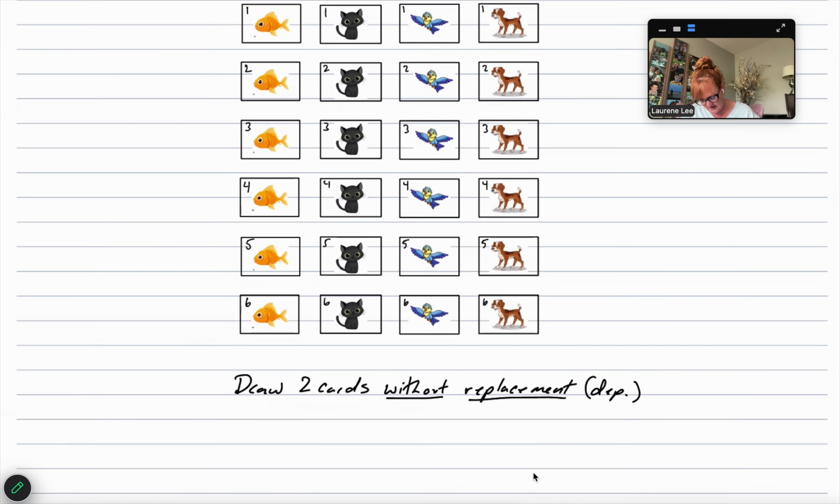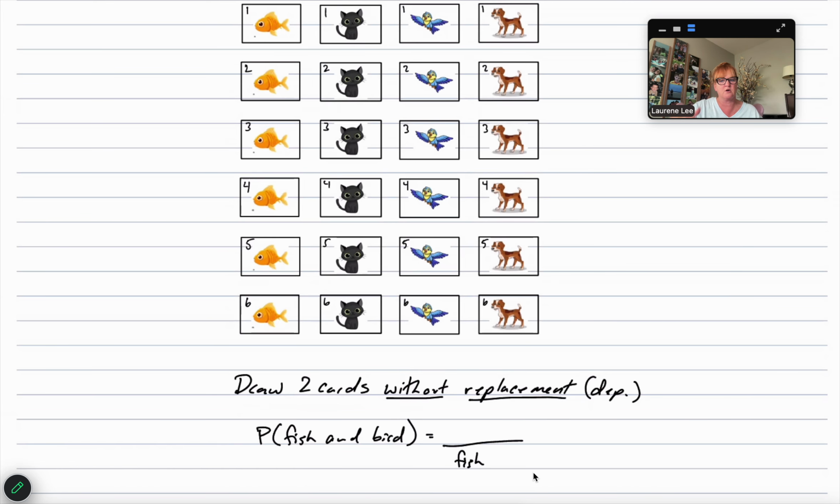So let's say that I want to know what's the probability that I draw a fish card and then a bird card. Now remember that there's 6 of each. So the first thing that I'm going to do is just look at the fish card. What's the probability that I get a fish? This is just a simple probability.